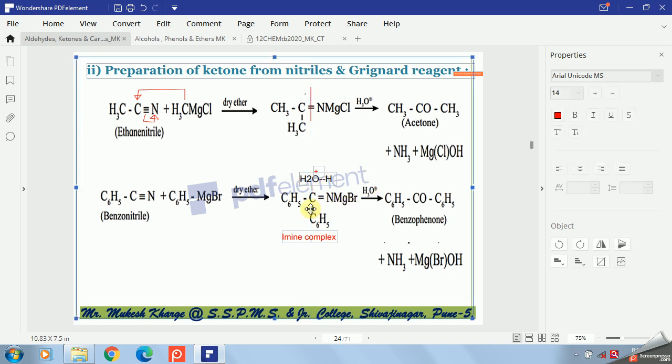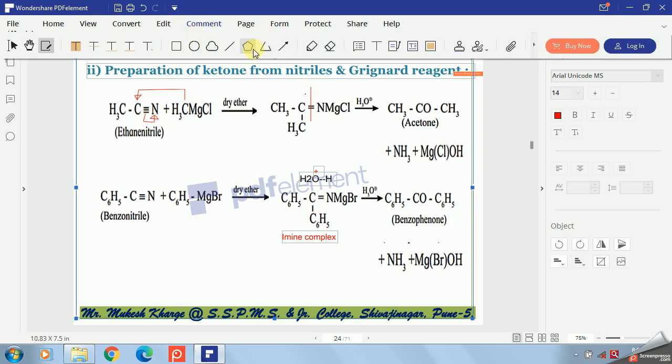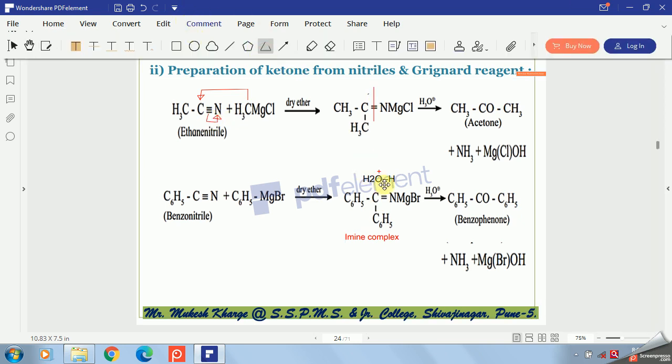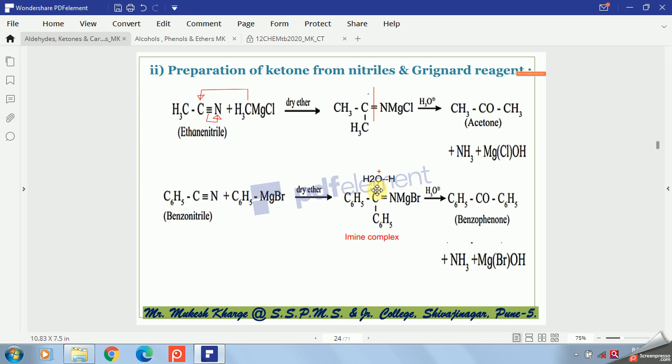Okay. So first this OH will attack on this carbon, and H will attach to this.